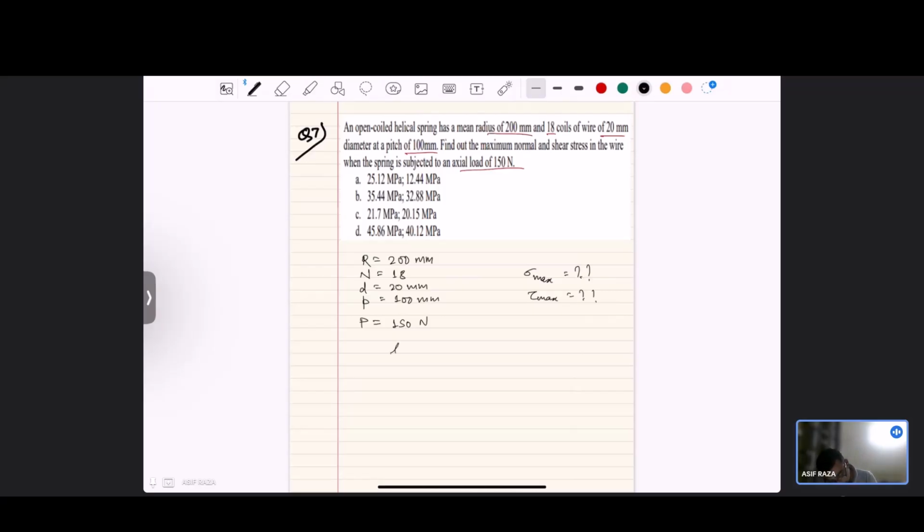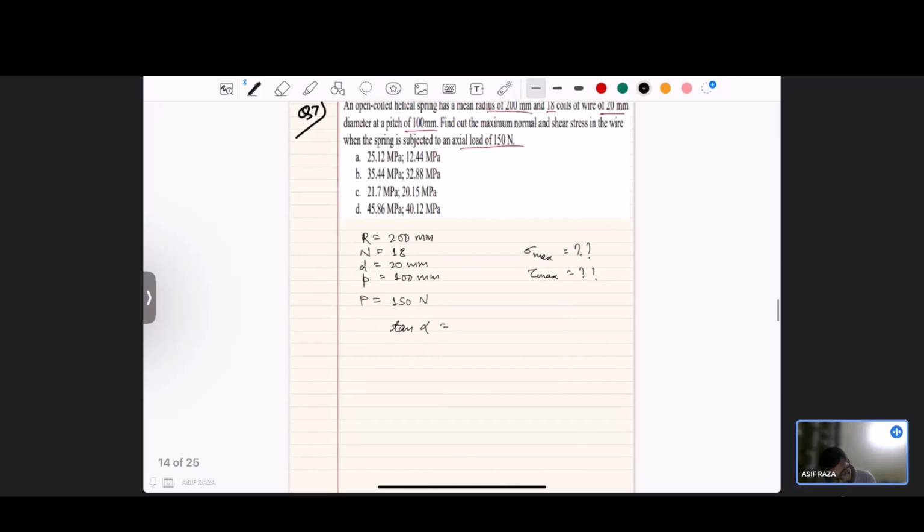So first let us find the helix angle. So tan alpha is equal to p over 2 pi r, and this would be equal to 100 over 2 pi into 200.